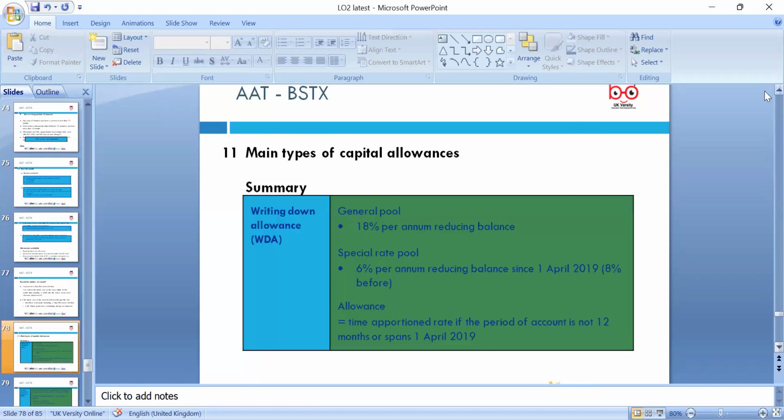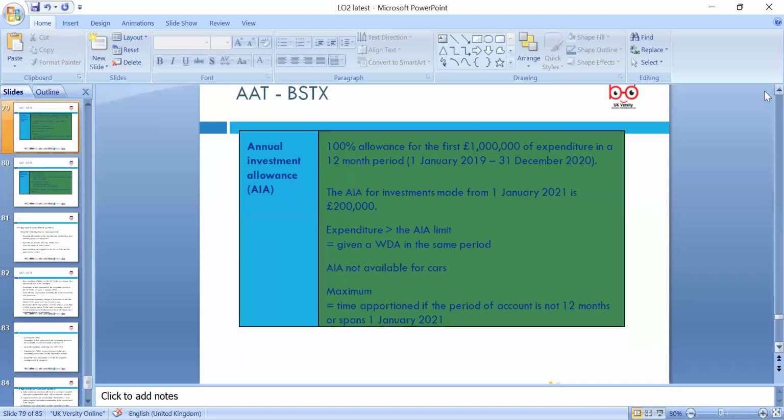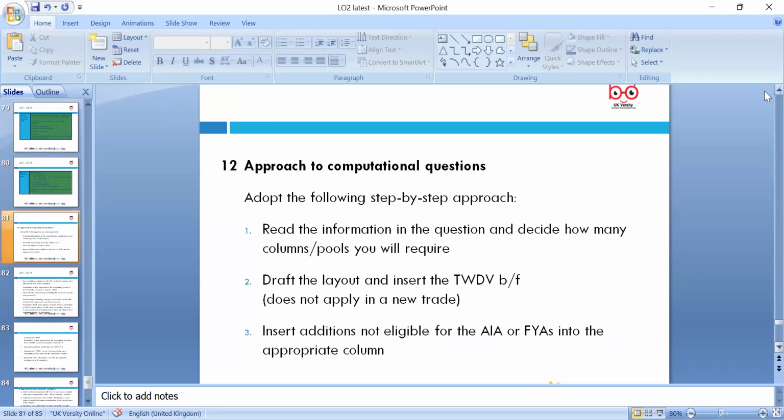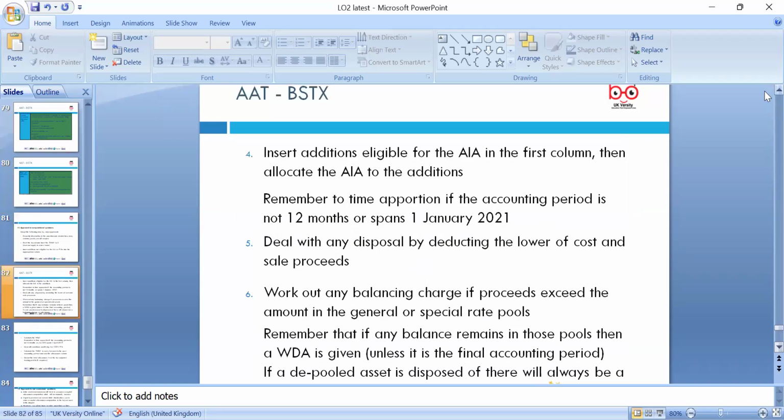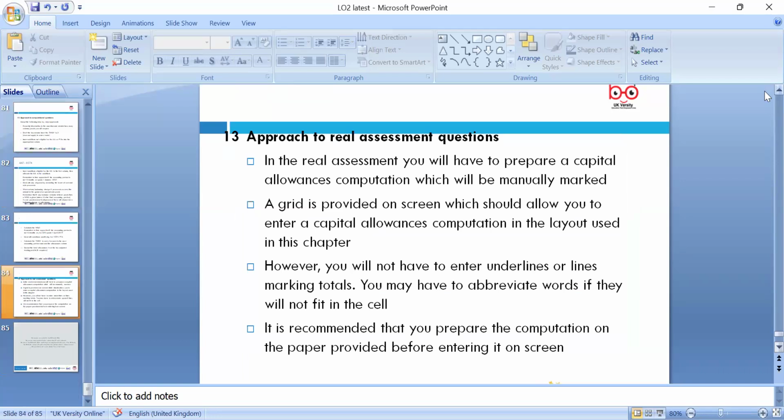Written down allowance is generally 18%, with special rate given. So we can go back to our year, which we are looking at, the 2023 Finance Act, which we look at in a minute, and I'll show you as well. Okay, so these are all the examples. It's quite good to go through special rate, and then we need to calculate the tax liability.